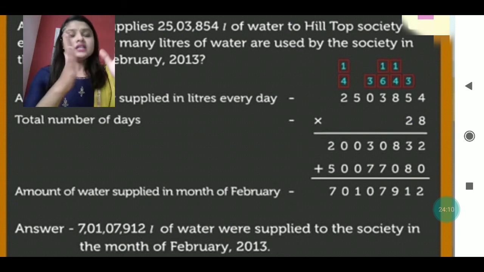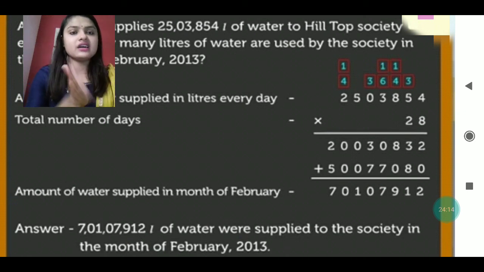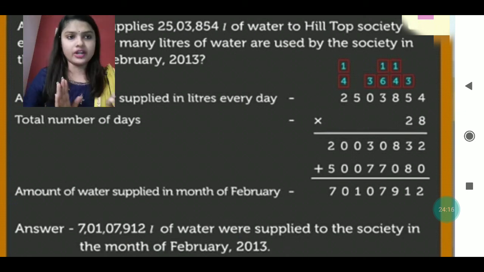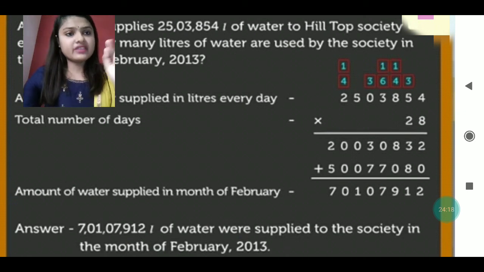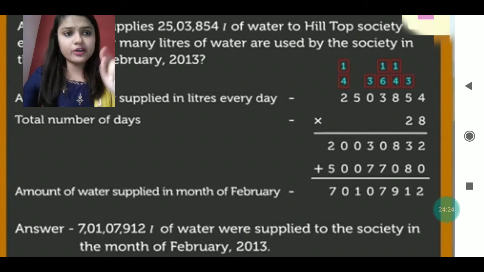Here I have not done the calculation; you will do it, and you will see whether the calculation is correctly done or not. You will multiply with 8 first, then you will multiply with 2. From the ones place you will start. 8 into 4, 8 into 5, 8 into 8, 8 into 3, 8 into 0, 8 into 2, 8 into 5, 8 into 2. You will get one product. In the same way you will do with 2 also.